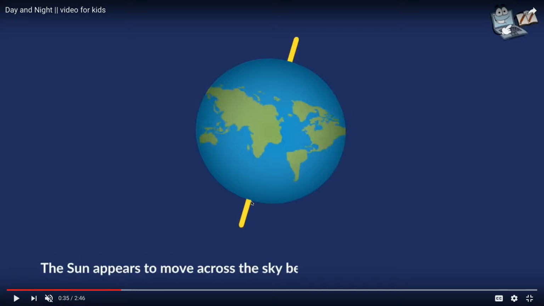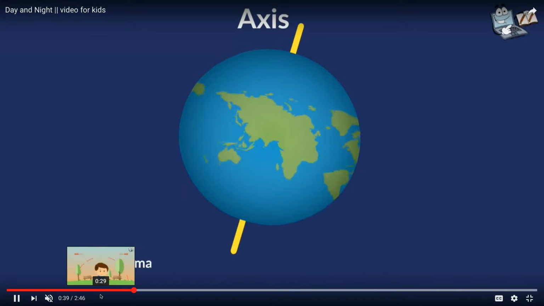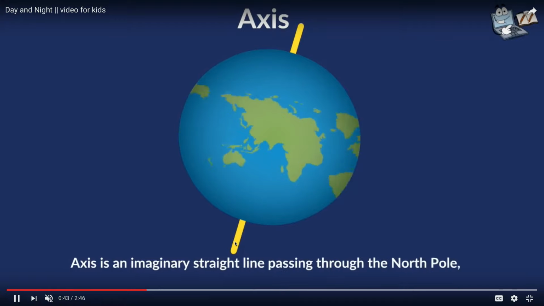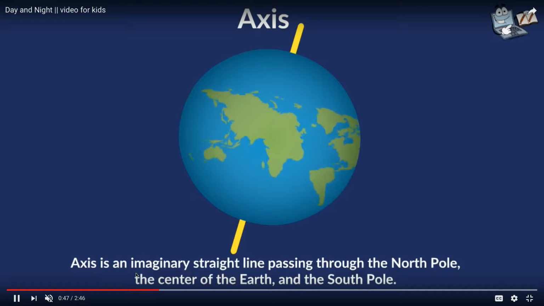There really isn't a stick going through there, but if you imagine that, it's easier for you to realize that the Earth, our globe, our world, spins. It spins like that. This is called an axis, and like I told you, it's imaginary.